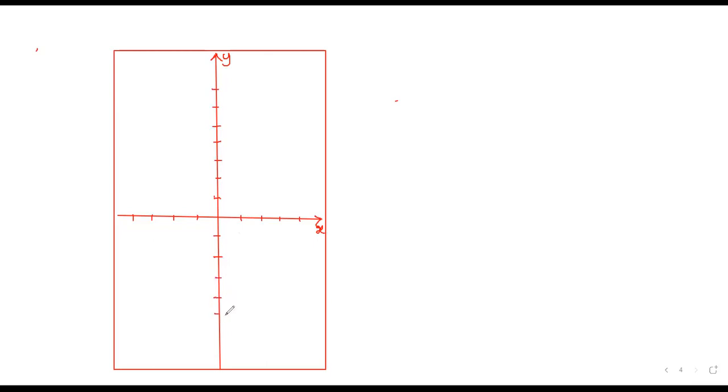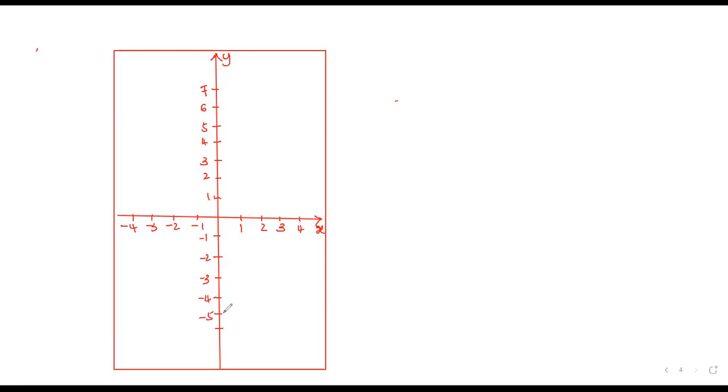Okay, so then you can mark it like this and number it 1, 2, 3, 4 and -1, -2, -3, -4. And to this side 1, 2, 3, 4, 5, 6, 7 and -1, -2, -3, -4, -5.